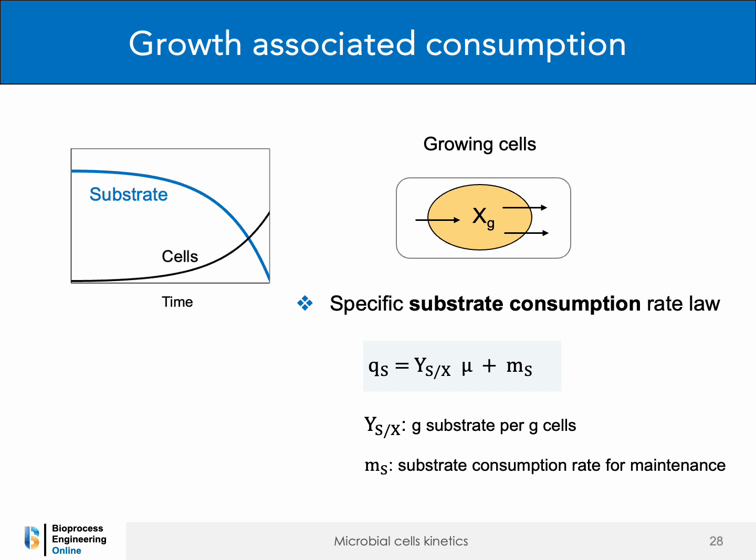The second is the maintenance-associated consumption rate. This term, denoted as MS, represents the substrate consumption required for cellular maintenance and corresponds to the substrate uptake rate at zero growth. At high growth rates, the contribution of the maintenance term is typically much smaller than that of the growth-associated consumption. This rate law applies to all major consumed substrates, particularly sugar and oxygen.